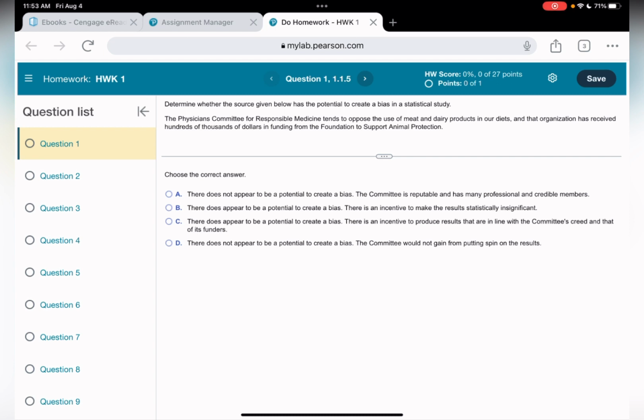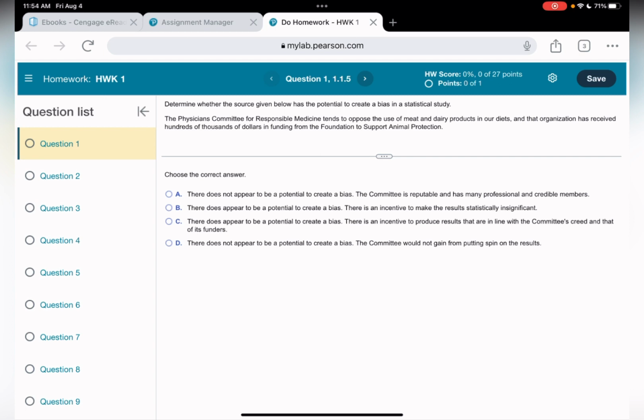So let me bring different examples for different types of bias. Response bias arises when survey respondents provide inaccurate or misleading information due to factors such as social desirability, memory recall, or reluctance to disclose certain details.